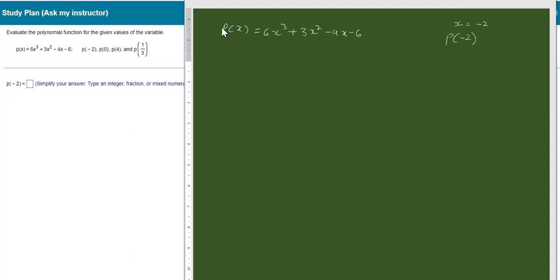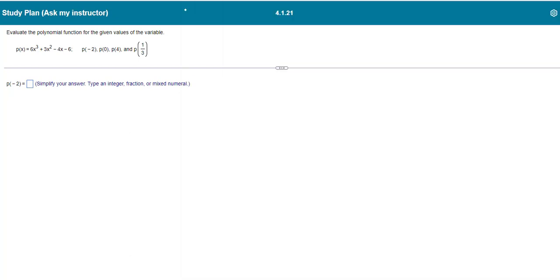That means what will be the value of the function when x was -2, right? And similarly, find the value of p when x is 0, find the value of the polynomial when x is 4, and lastly, when x is 1/3.